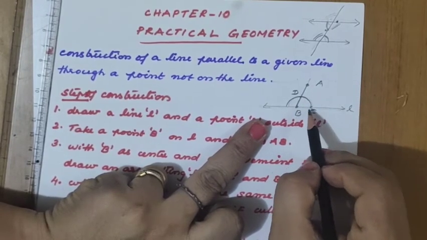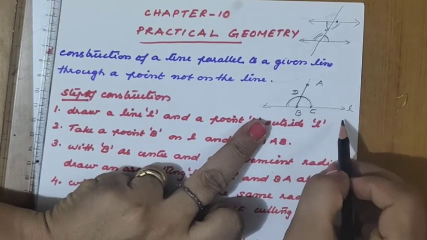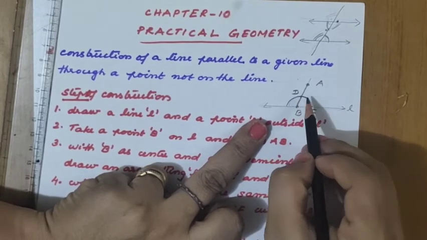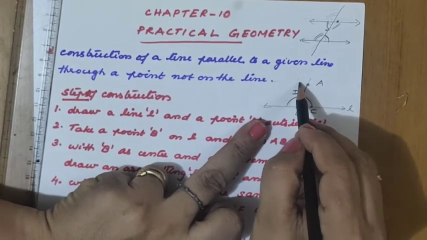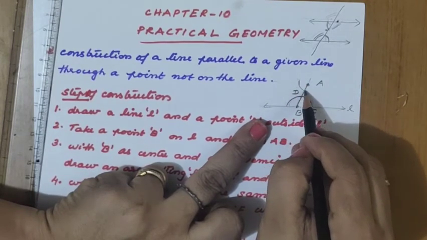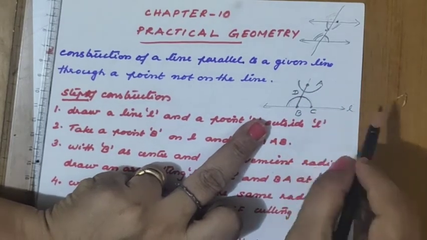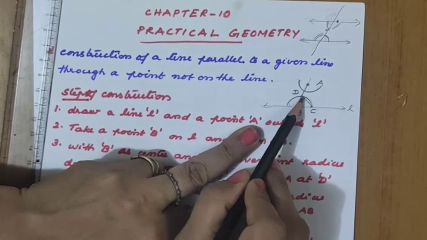Now with the help of the compass, draw an arc of the circle which cuts L at C and the line BA at D. With the same radius, without changing your compass radius, one more arc we have to draw keeping A as the center. Right? Now the next step is to measure this CD in your compass.